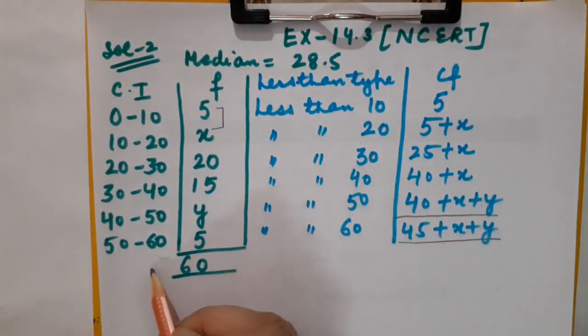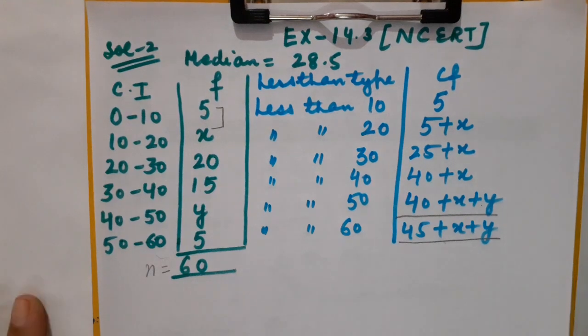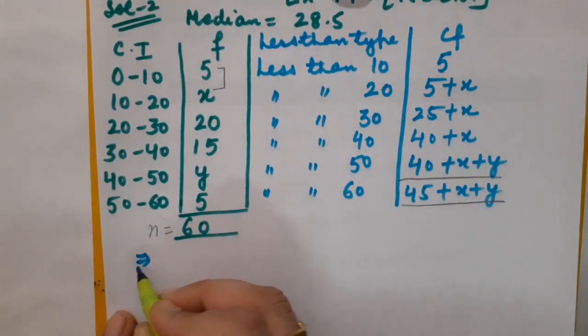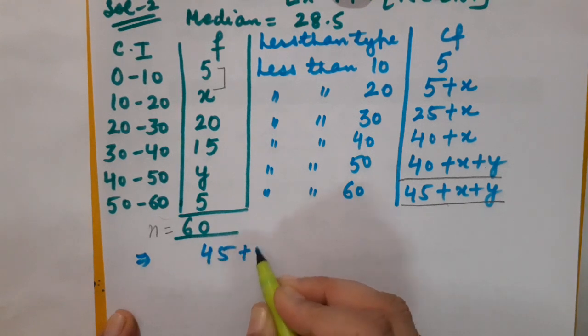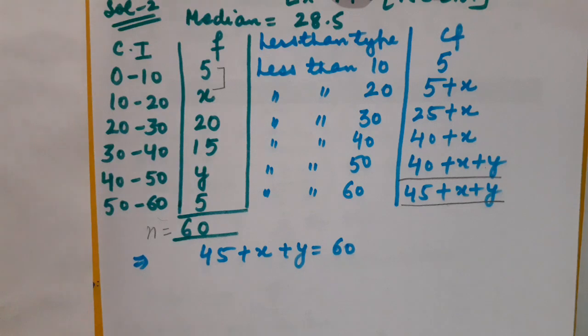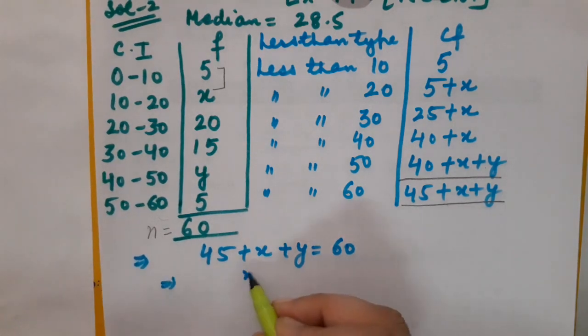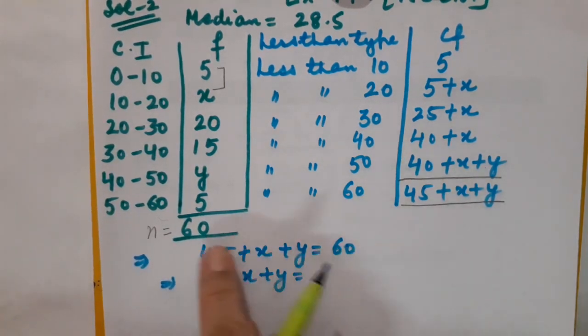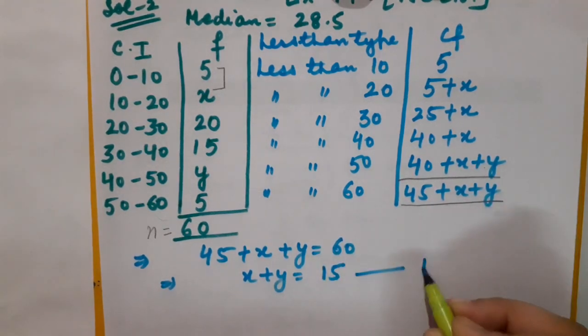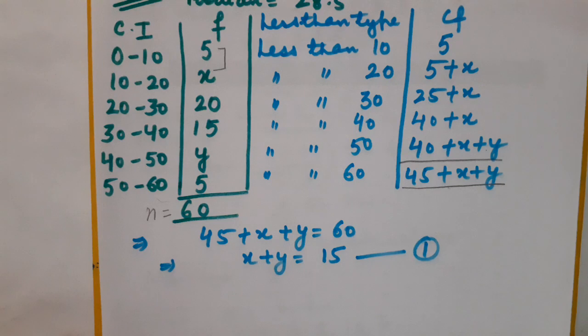Yes or no? This is actually n. Correct? So let us make them equal. We know that 45 plus X plus Y must be equal to 60 as per the rule. So it implies X plus Y is equal to 60 minus 45. That would become 15. So let it consider as equation number 1.